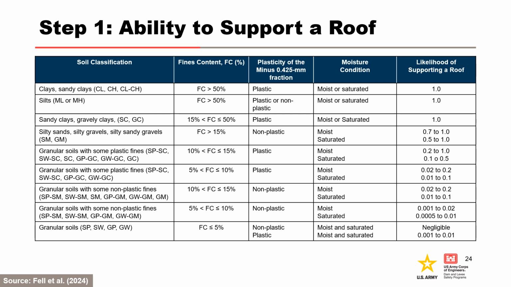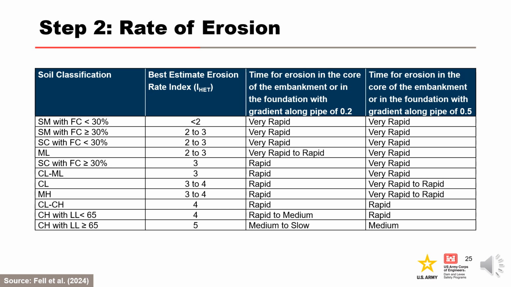Step 1 is to assess the ability of the surrounding soils to support a roof. In this, we utilize the previous evaluation from the progression phase. For step 2, we have some qualitative times for erosion for gradients of 0.2 and 0.5 along the pipe as a function of soil classification.